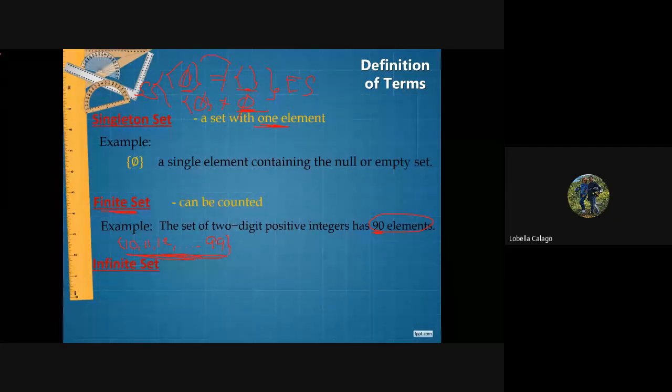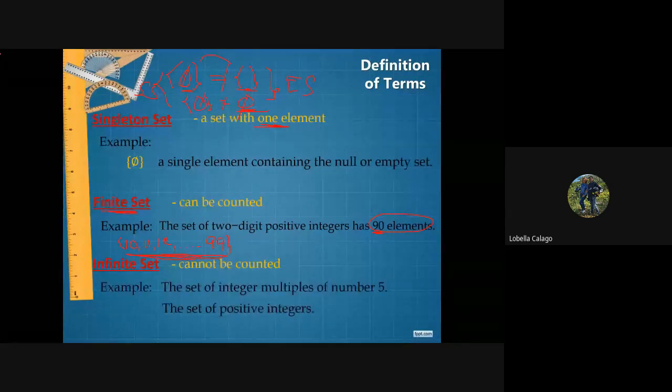While the infinite set cannot be counted. Yun ang opposite ng finite. Ang finite, counted. Ang infinite, it cannot. So, ano yan? The set of integer multiples of number 5. Ang dami-dami niyan. So, you have 5, 10, 15, 20, 25, 30, 35, hanggang so on and so forth. 1,005, mga ganyan. So, 1,000,005. Ang dami, so you cannot count it.